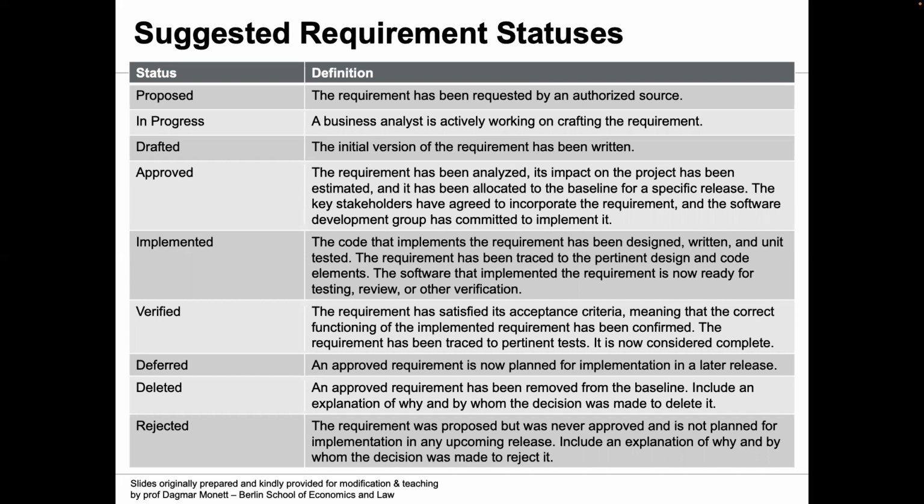As you can see, you can start with a proposed requirement, that's something that has been requested by your customer, or something in progress, or being drafted. The initial version of the requirement has been written, or it's been approved, implemented, verified, deferred, deleted, rejected, and so on.